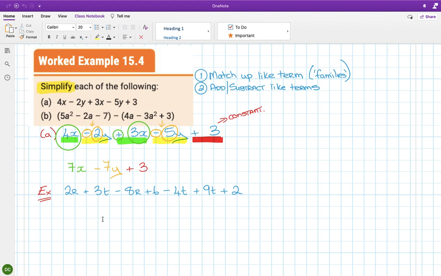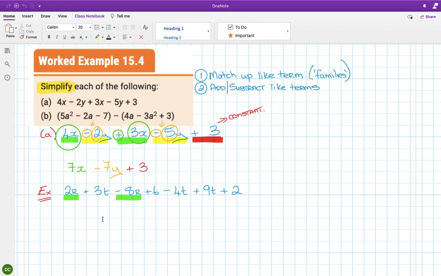I see that I have an OR family. Now, do I have any more members? I do. There's one there. Is that it? Yes, I think it is. So those two are from the same family, or they are like terms, so we can combine them. We can add or subtract them.